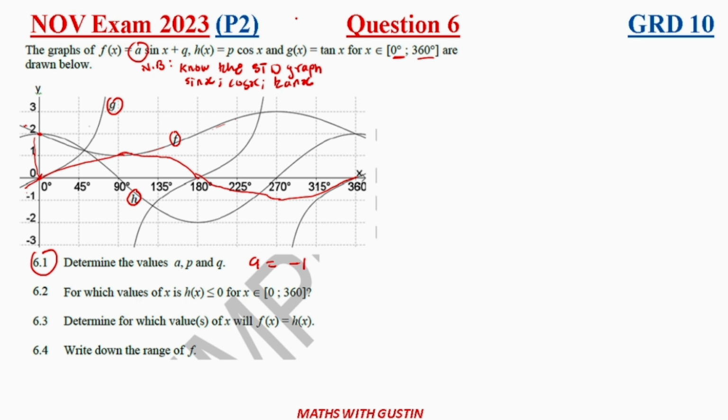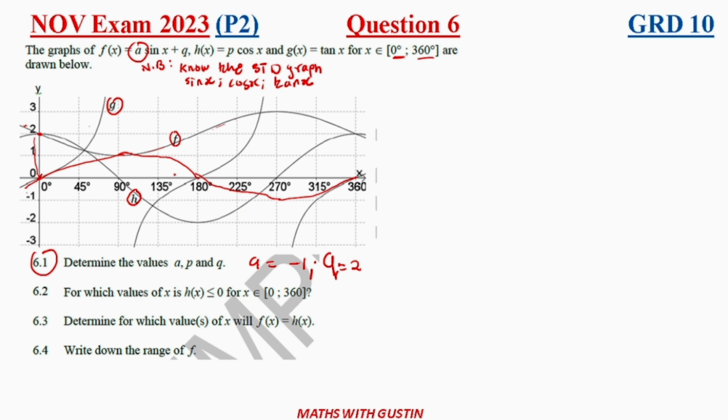So this graph was shifted upwards or downwards, which in this case is up, by 2 units. So therefore our q is equal to 2.